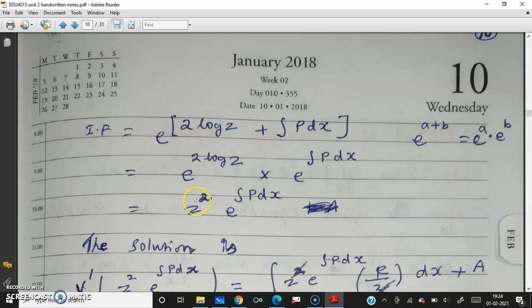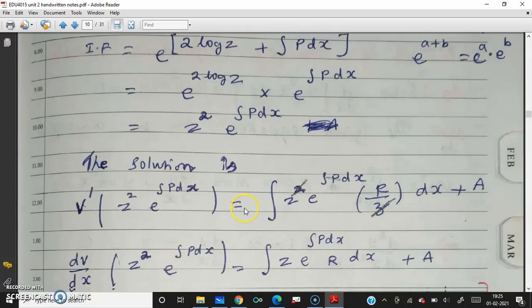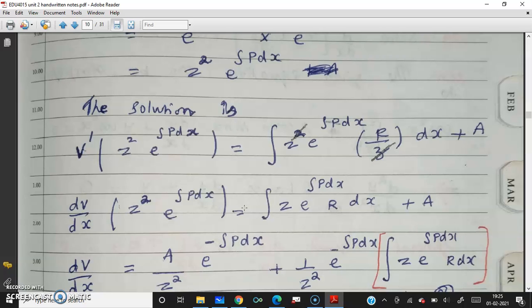You get log z square and the e and log inverse functions cancel, so you get only z square e to the power integral p dx. The solution is v dash into the integrating factor, that is z square e to the power integral p dx, equal to integral of z square e to the power integral p dx into q, that is r by z, dx plus a.